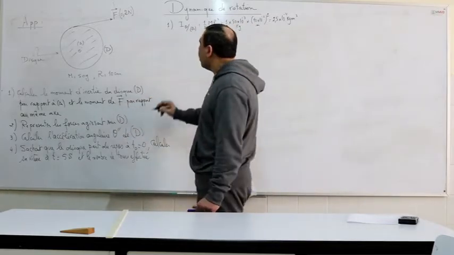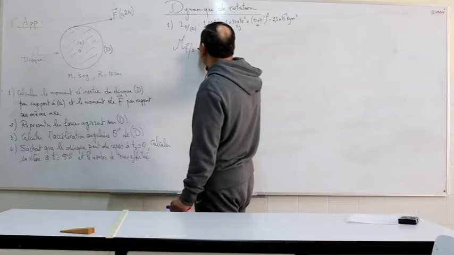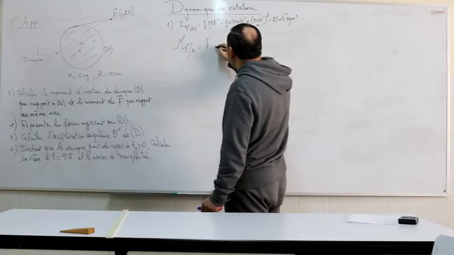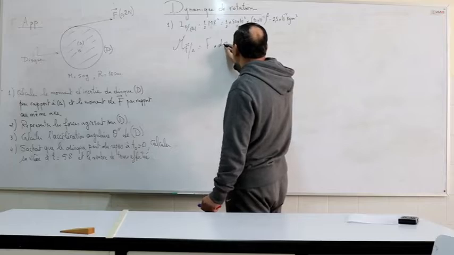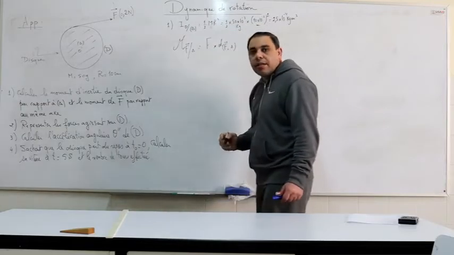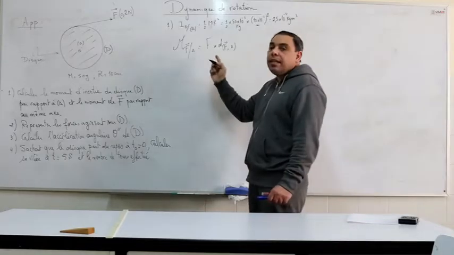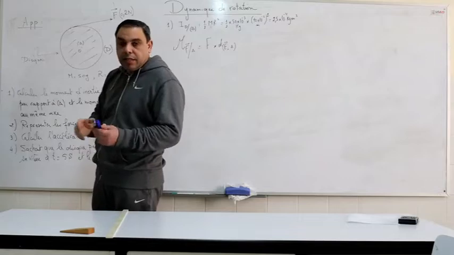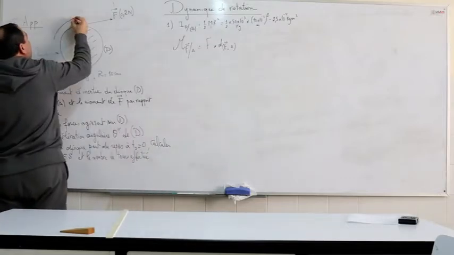Now we have to find the moment of F with respect to delta, which is equal to F times the distance between F and delta. Is the sign of the moment of F negative or positive? F will rotate the disk in the positive direction of rotation.